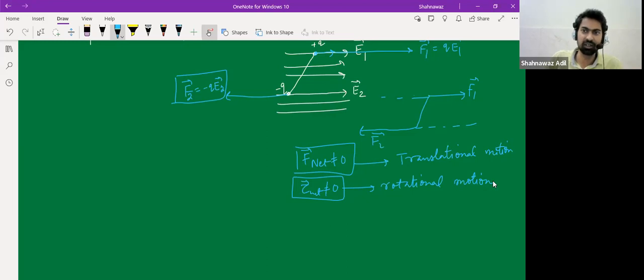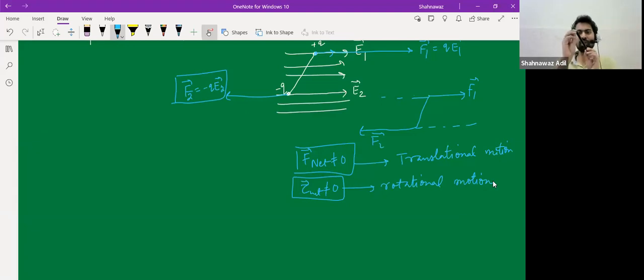Yes, sir. You have seen the example of an inclined plane. Let's say on an inclined plane you put a sphere. What does the sphere do? It will rotate on its axis and then go down. That is called rolling motion. So in rolling motion, you have rotational motion and translational motion.